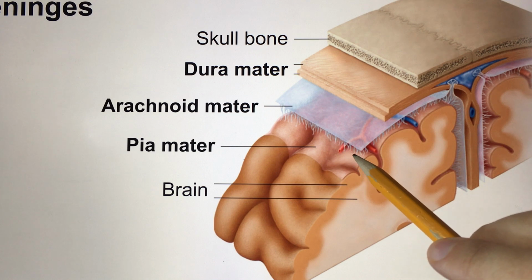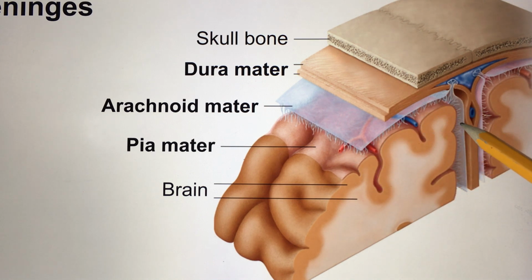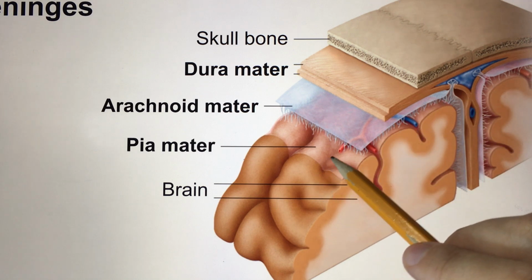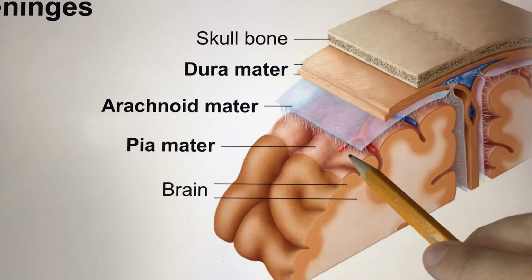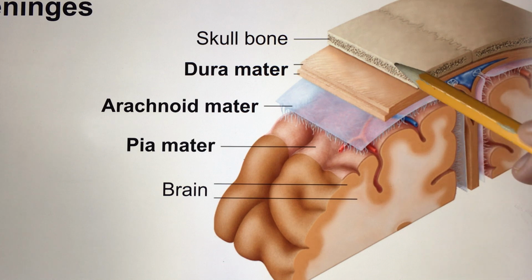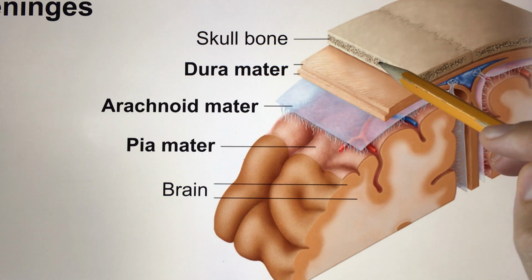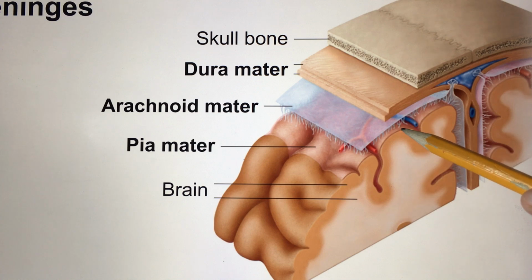There's actually going to be a small gap between the arachnoid and pia mater, and that's where the cerebrospinal fluid is located. Pia mater has blood vessels in it, so blood vessels are going to be under the arachnoid mater. And under the pia mater, there's going to be brain. So to review, from superficial to deep, there's going to be skull bones, dura mater, arachnoid mater, pia mater, and then the brain.